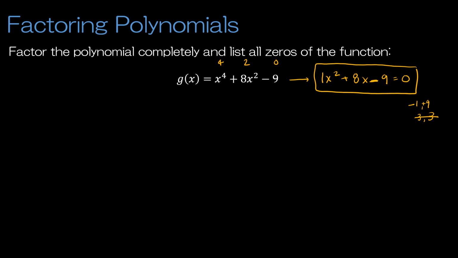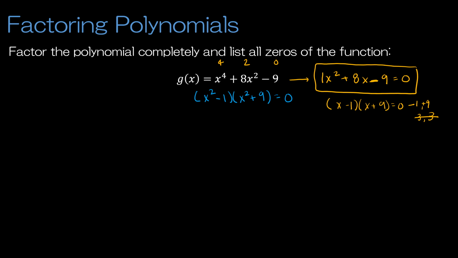So if I were factoring this, I would get x minus 1, x plus 9. So now back to our original question, I get x squared minus 1, x squared plus 9.